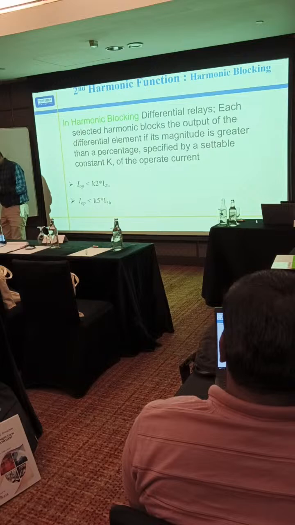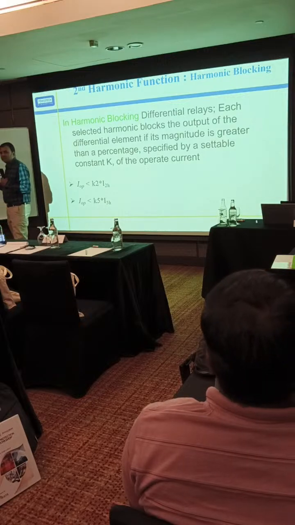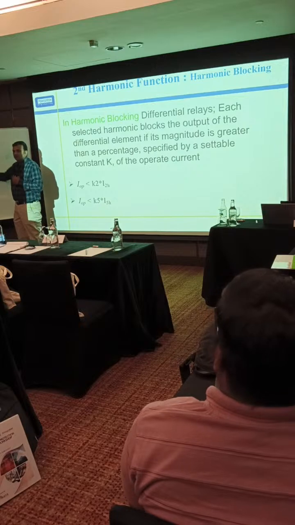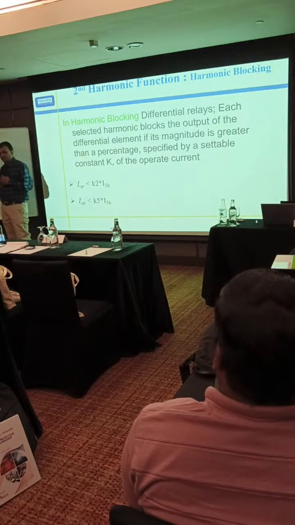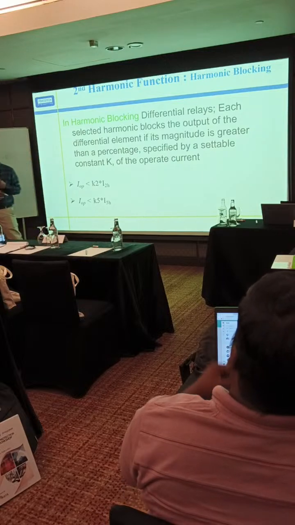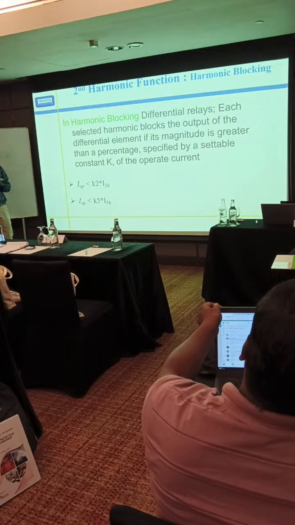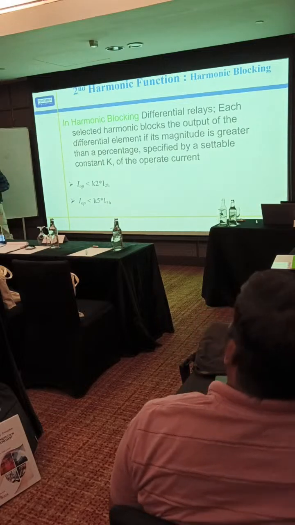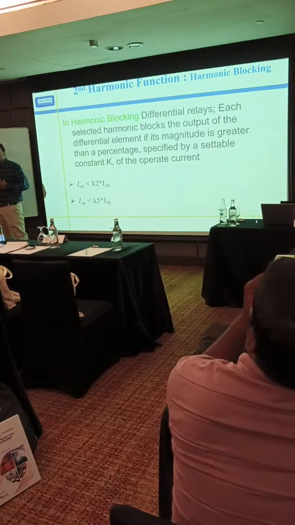In restraint mode, you have seen that both currents are added, but in this case, we have much more than that current, and still the relay is not operating, because we do not want to trip the relay in this condition. This second harmonic component is present only at the charging condition.